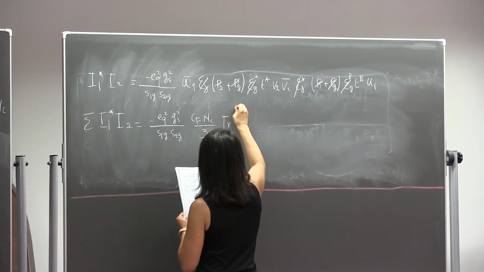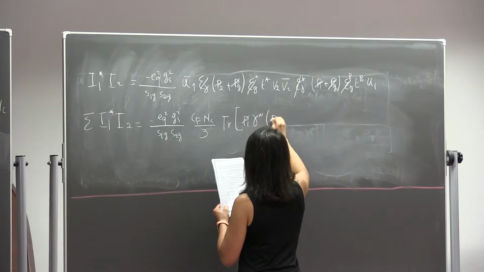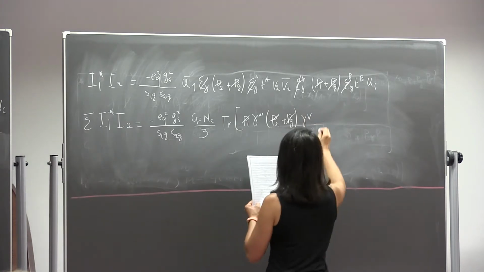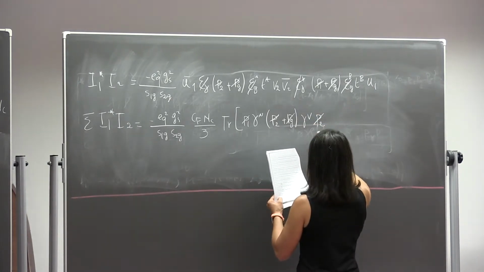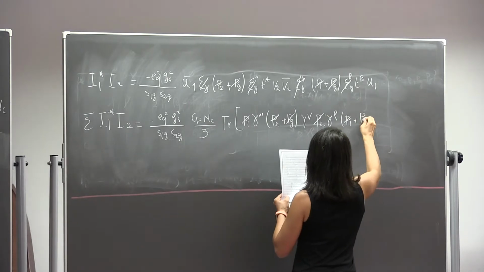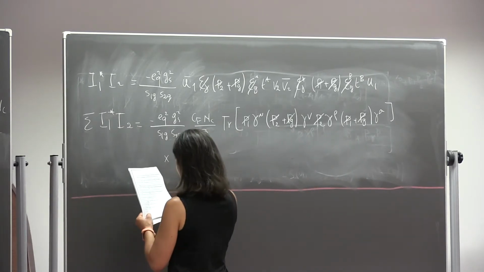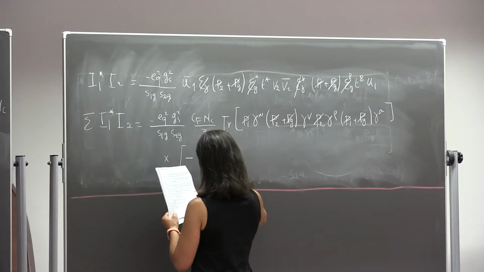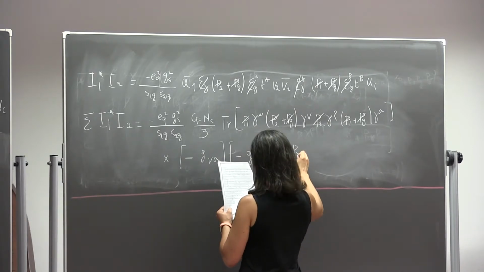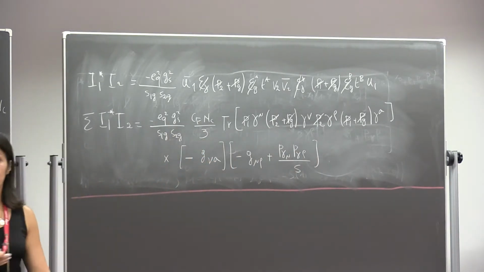We have a trace of P1 slash gamma mu. And now what I did is I asked Form to calculate this for me.